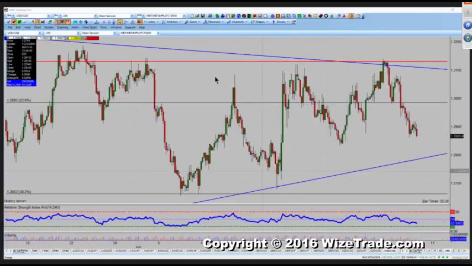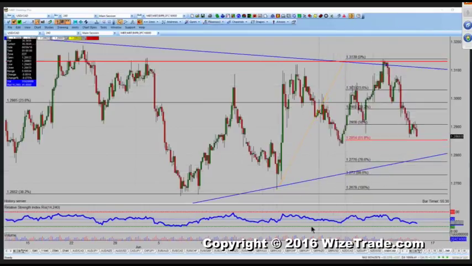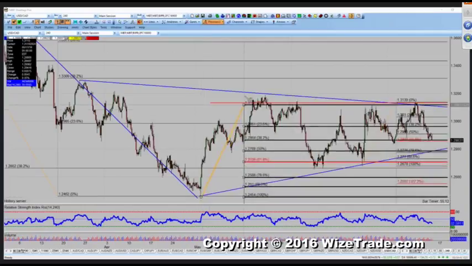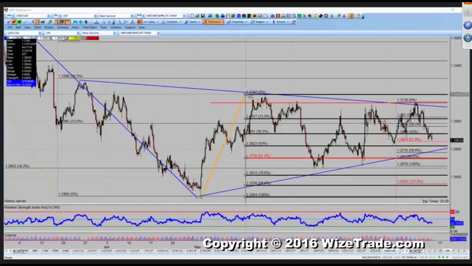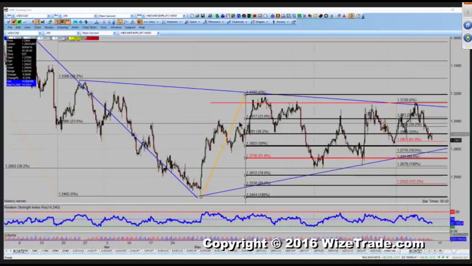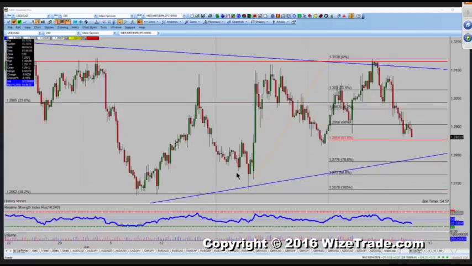Okay, so 128 from this spike low. We're in between fibs there, and we're almost at the 618. 128.30, it's right there. Hold on, let me go from the low to the high here. So you've got 128.23, which is the 50% retracement.